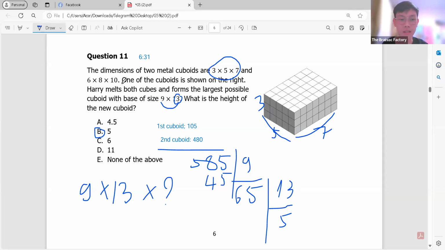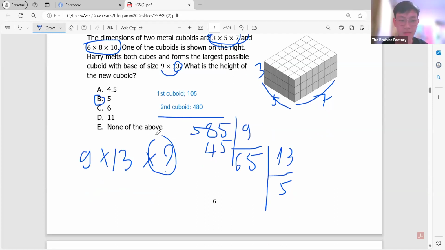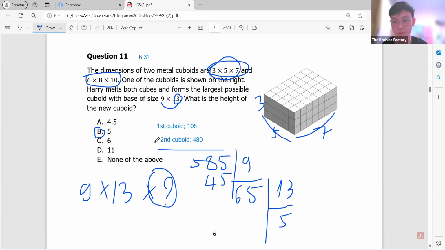And what we did is find the volume of the two previous cuboids, and then we find the last dimension, which is the height of the new cuboid. I hope this helped. Teacher, it helps.